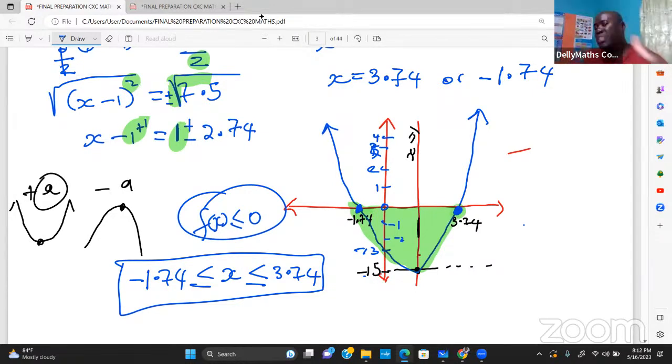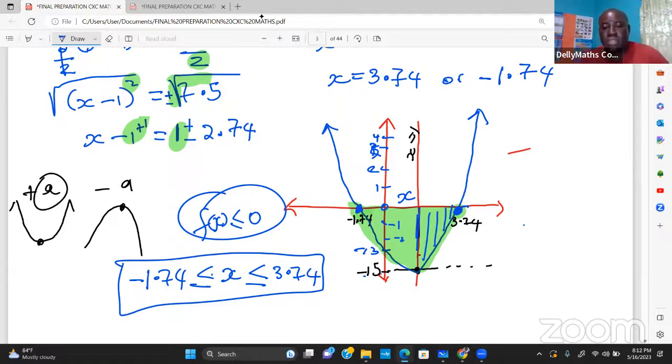I only sketch it for you to see what's going on. So it's like you're standing here and you're describing your domain that would have caused the graph to go underneath here. So you're saying positive 3.74 along with negative 1.74. And then you describe that. So you're greater than the smaller one, you're less than the bigger one.